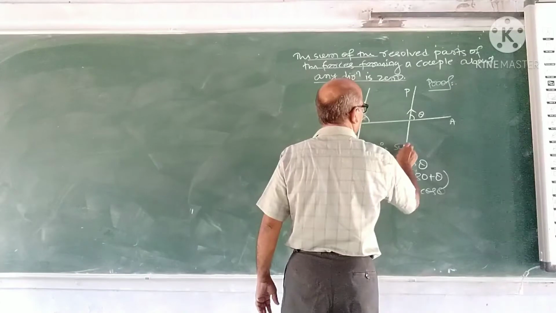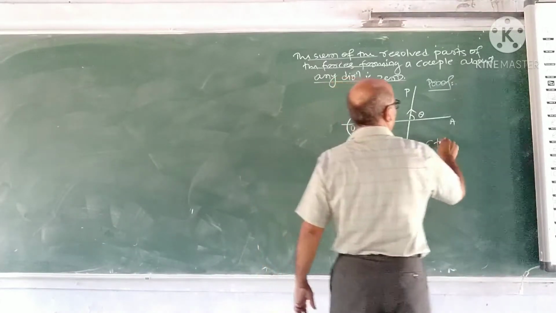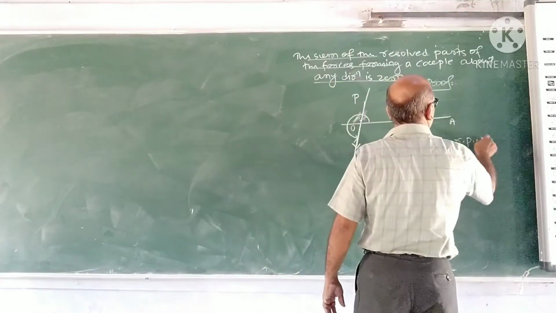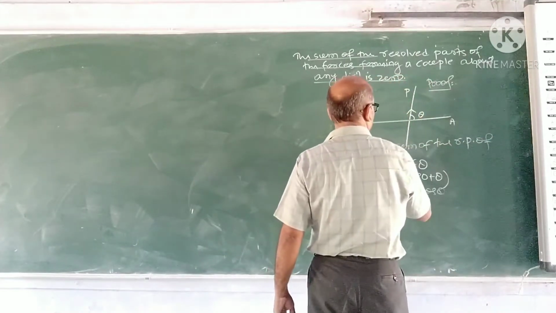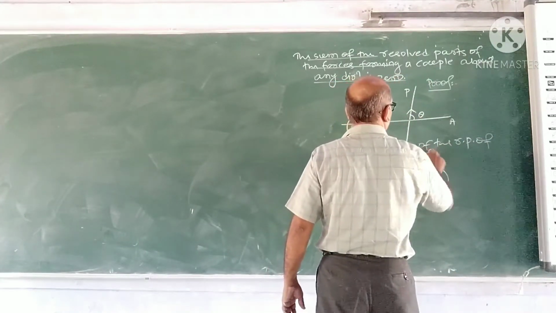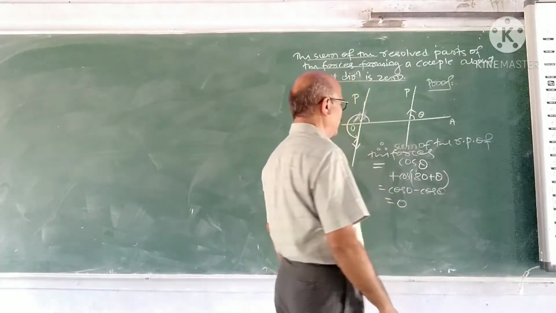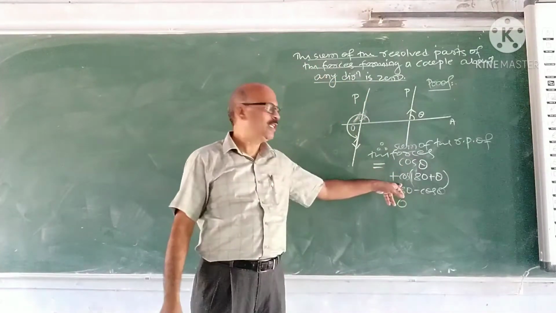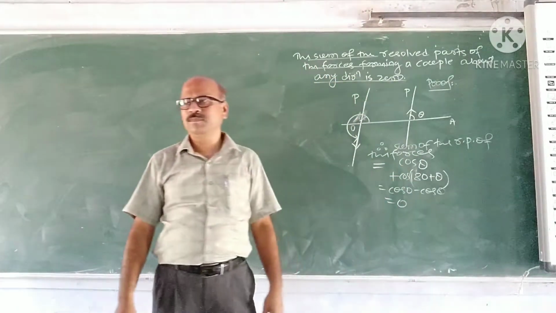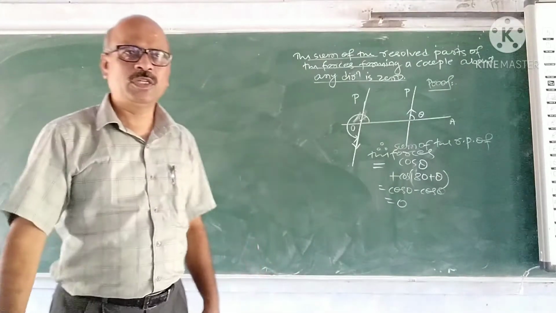Therefore, the sum of the resolved parts of the forces is equal to cos theta plus cos of 180 plus theta, therefore 0.